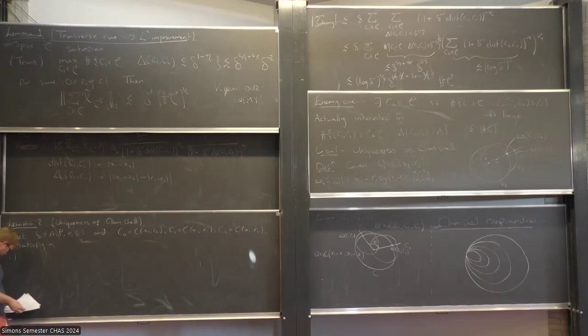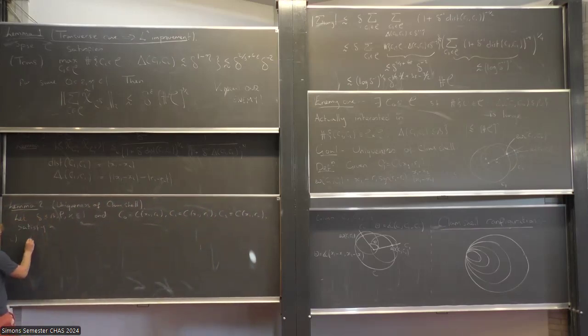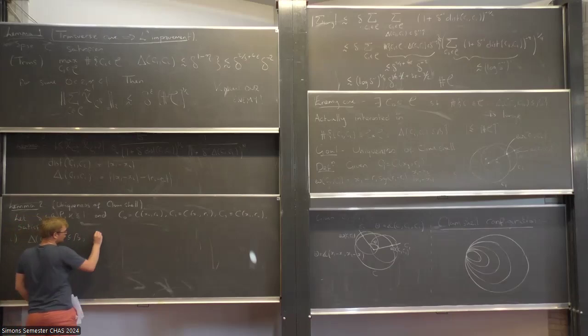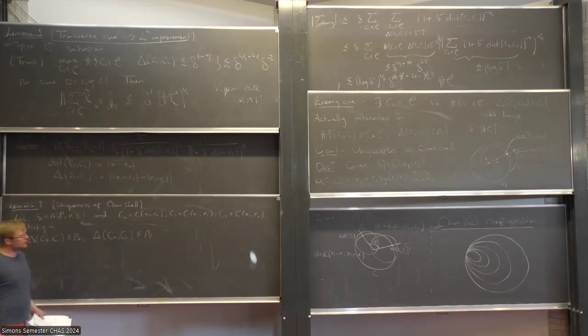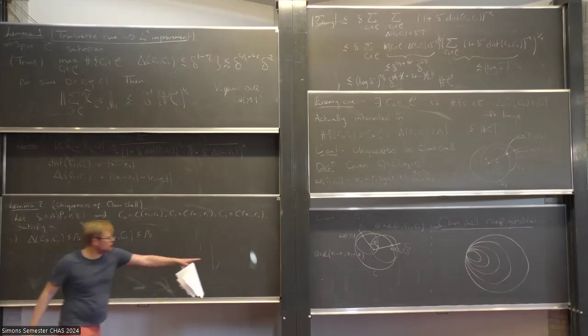First of all, C0 and C1 are close to being tangent, beta tangent, and C0 and C2 are close to being tangent. There'll be a picture that looks a bit like this.